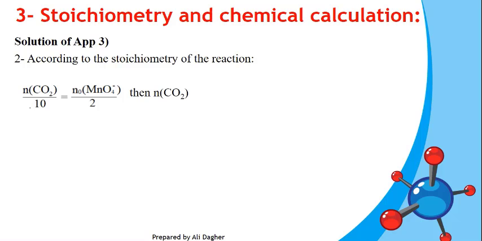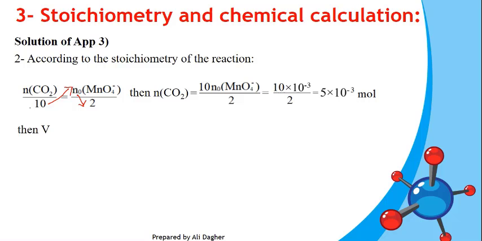Then number of mole of CO2 equals 10 times N0 MnO4- over 2, equals 10 times 10^-3 over 2, equals 5 times 10^-2 mole. This is the number of mole of CO2 that should be obtained, the maximum number of mole of CO2 that should be obtained at the end of the reaction.